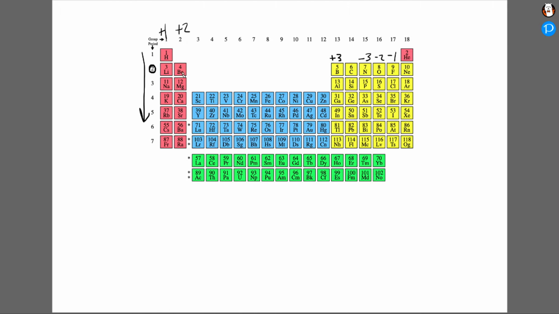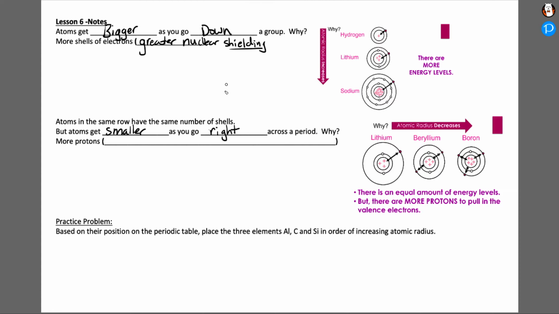And so if we think about the size of lithium, beryllium, and boron, let's come back over here. Notice that they're getting smaller because I have more of those protons in the middle, and so more of a pull on those valence electrons, pulling them in. Lithium's only got 3 protons.